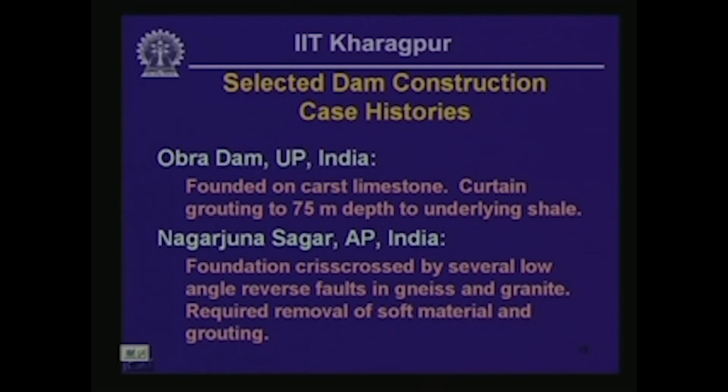The second case history that we consider here is that of Nagarjuna Sagar construction. This particular dam was crisscrossed by several low angle reverse faults in gneiss and granite bedrock. Because fractured gneiss and granite could be weathered by access of water, more often than not they become quite soft, and several such soft areas were identified underneath the foundation of Nagarjuna Sagar gravity dam.